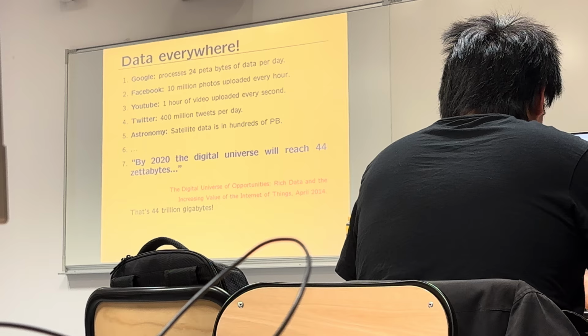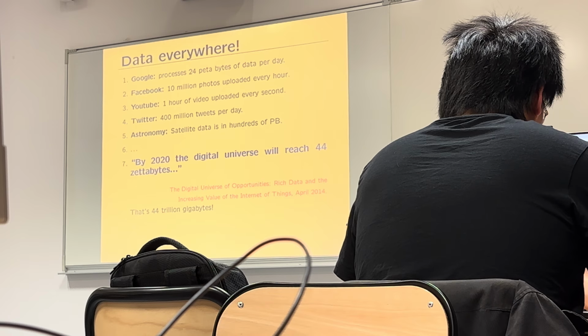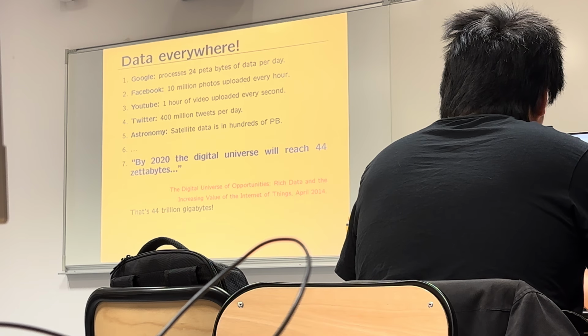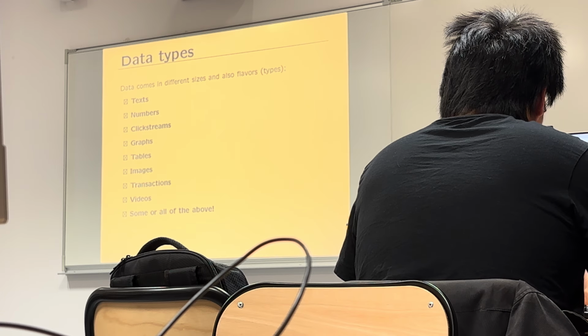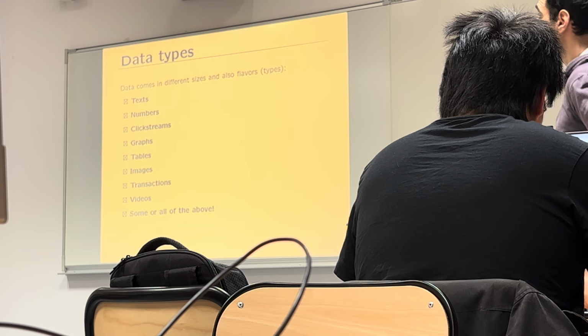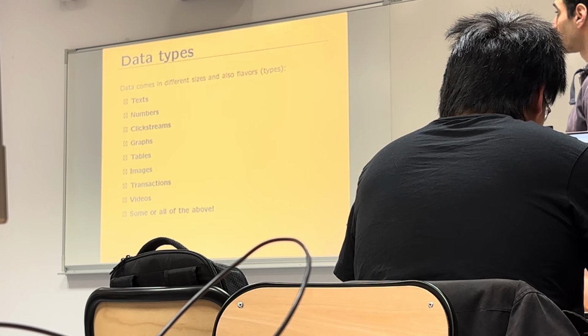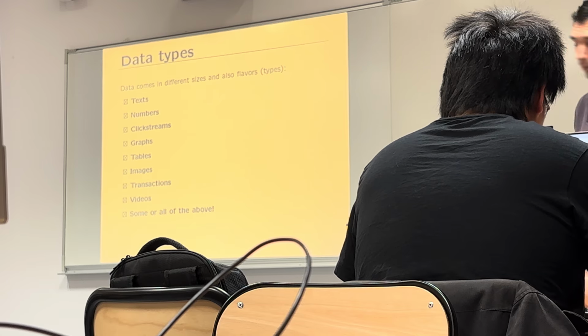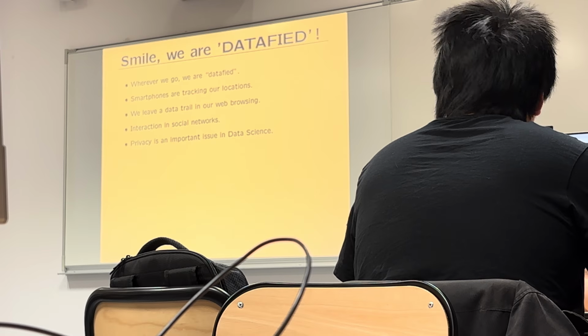Basically, we'll see in civil engineering and concrete science, it's quite different. Actually, there's a lot of scientific articles, but not that many databases. So there's different types of data: text, numbers, graphs, tables, images, videos, and all of these types of things.